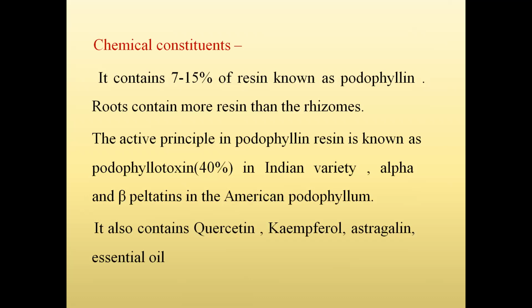And the active principle in podophyllum resin is known as podophyllotoxin. It is present in a concentration of 40% in the Indian variety. Then alpha and beta peltatins in the American Podophyllum, and it also contains flavonoid compounds like quercetin, kaempferol, astragalin, and essential oils also.